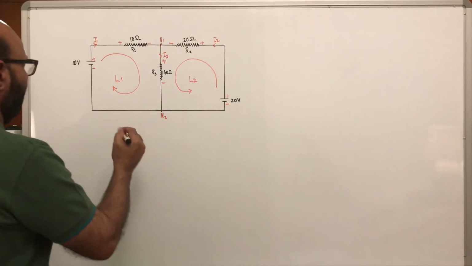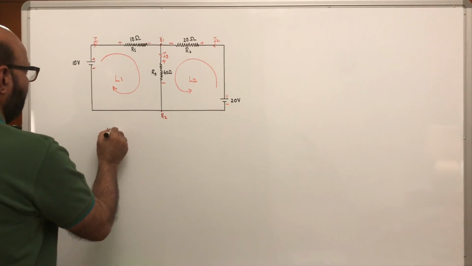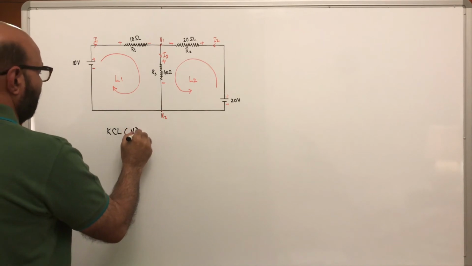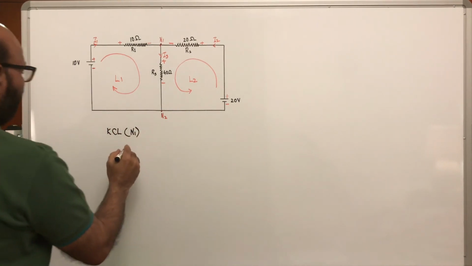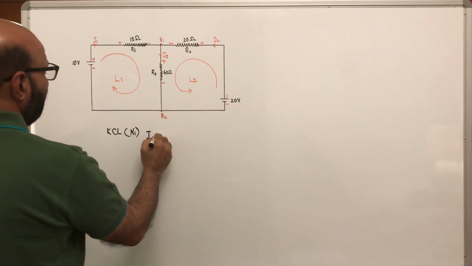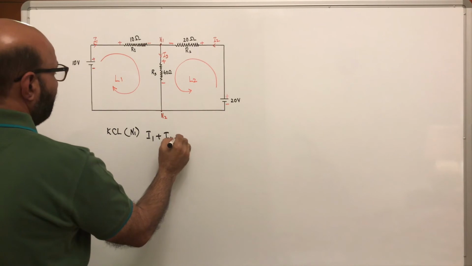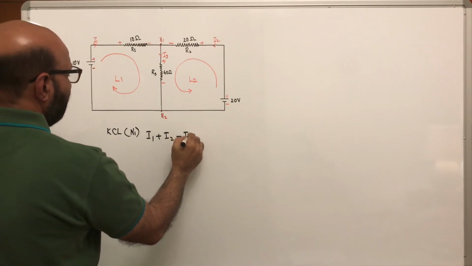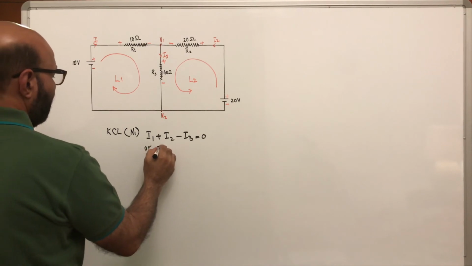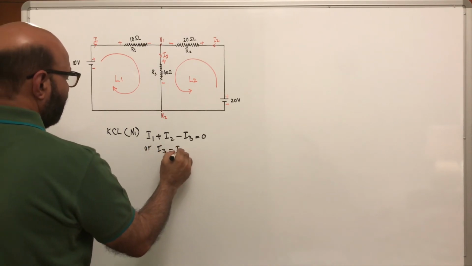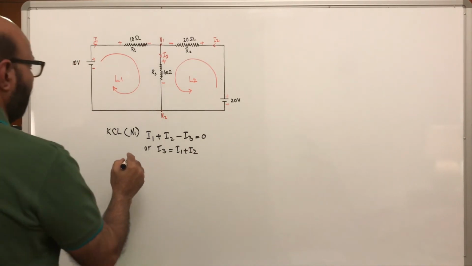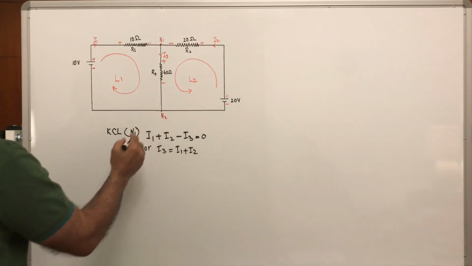Let's apply Kirchhoff's current law for node 1. I1 plus I2 minus I3 is equal to 0, or I3 is equal to I1 plus I2. Let's look at node 2.